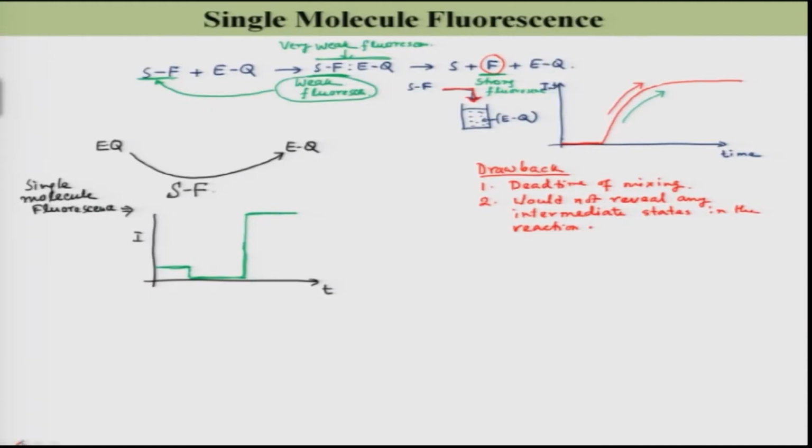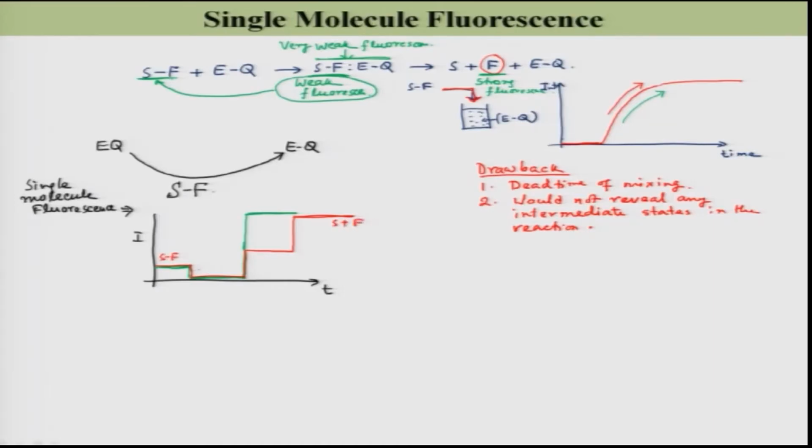Another important piece of information we are going to see is whether there is a formation of any intermediate state. Let us say the fluorescence intensity of this reaction is not like what I have shown in green, but it is like this one, and then decreased, and then is like this, and then it increased and remained like this, and then again increased and became like this. So clearly I can tell that here is my SF, here is my S plus F, that is for sure.